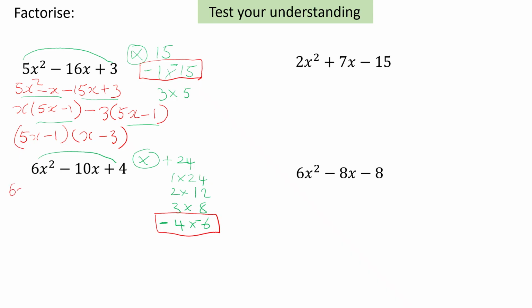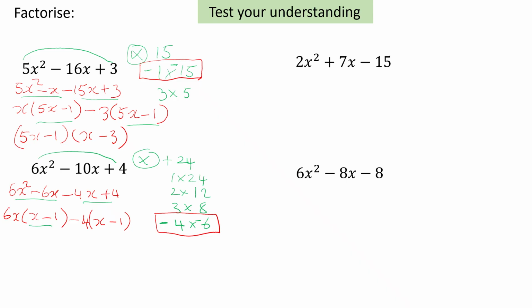So 6x squared minus 6x minus 4x plus 4. I'm going to factorize: 6x times (x - 1) minus 4 times (x - 1).